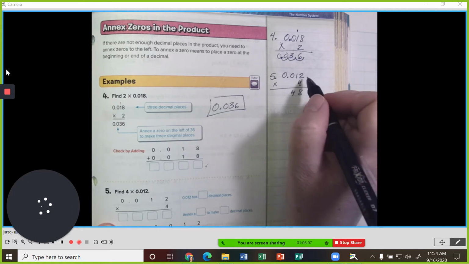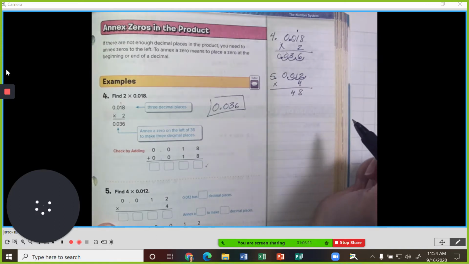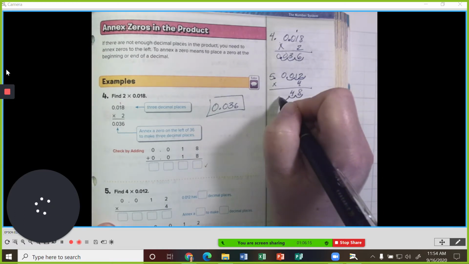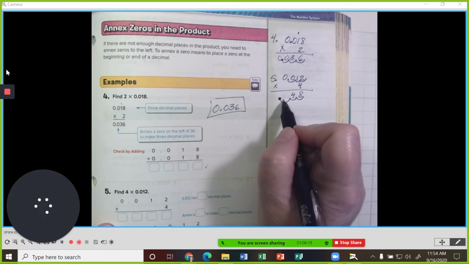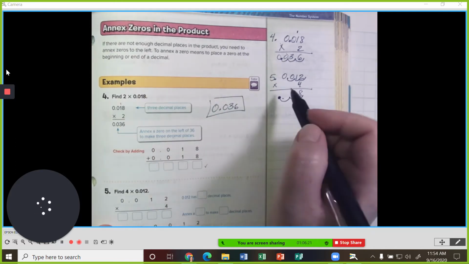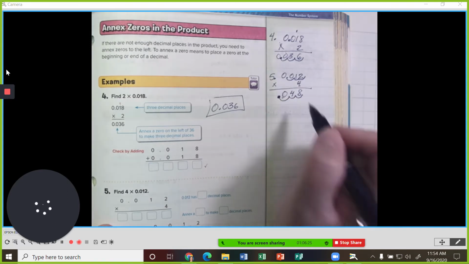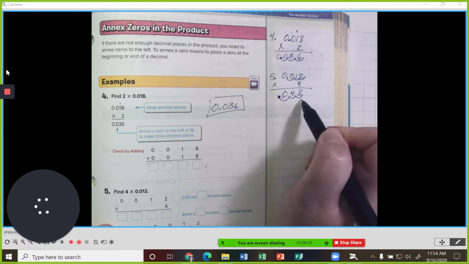In our problem, we had 3 decimals, so in our answer, we need to have 3 decimals. And what goes in that empty space, we're going to annex a 0 there. There's nothing here, and we can't just move our decimal over. We need that 0 as a placeholder because this is 48 thousandths, not 48 hundredths.